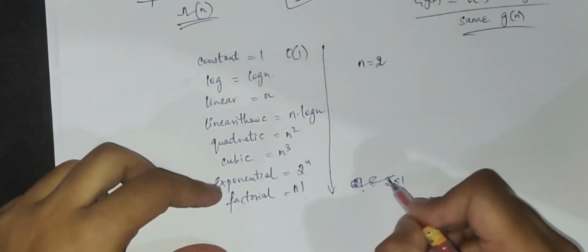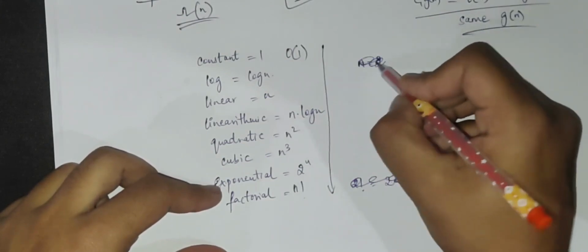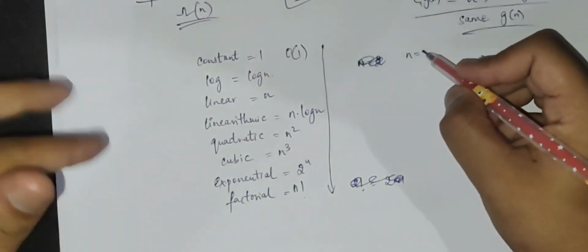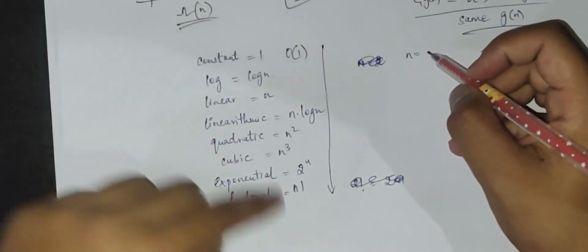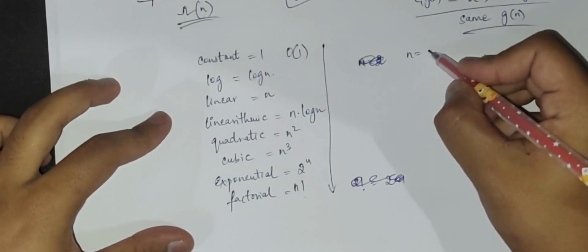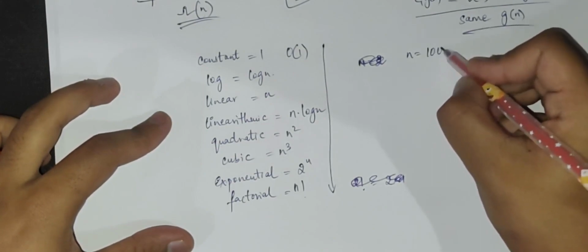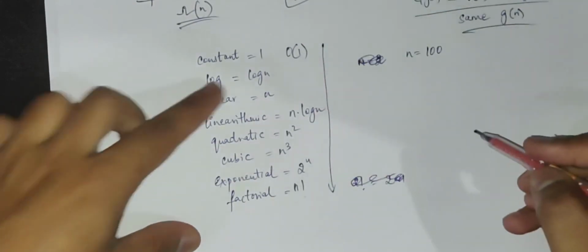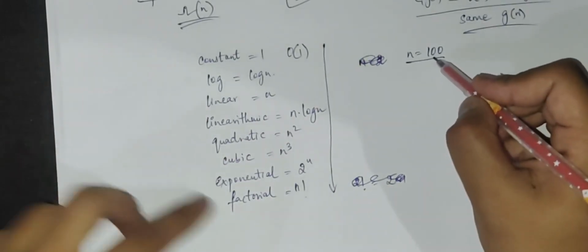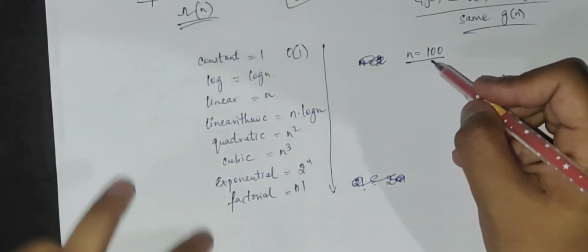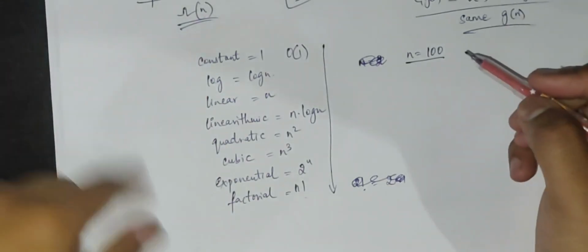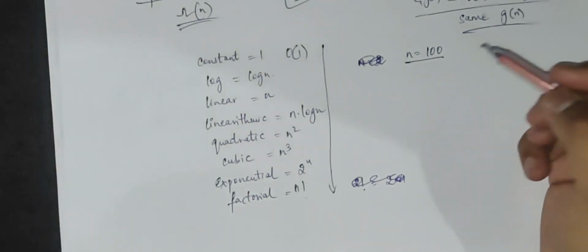As n grows, how these functions grow is what matters. If you put n as 100 and calculate all these values, you'll see the order of growth for n equals 100 is much higher for the ones below than for the ones above. So it increases basically.